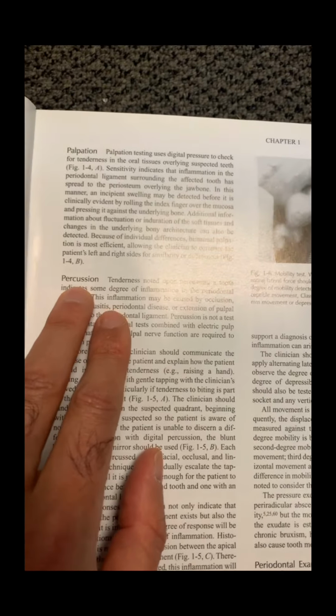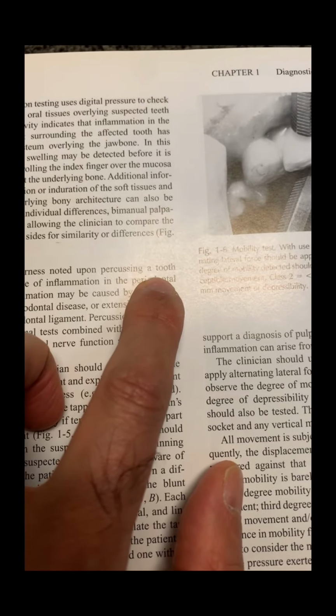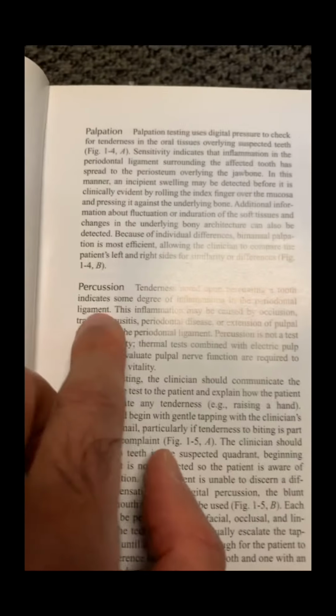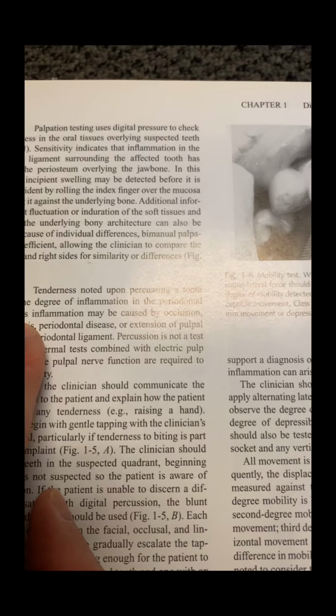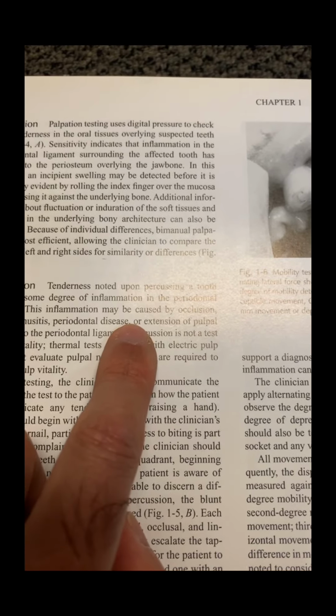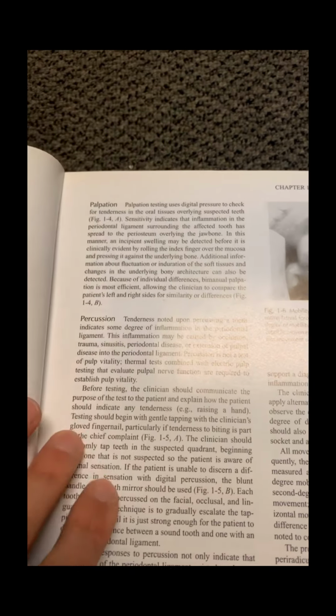Percussion test. Tenderness noted upon percussing a tooth indicates some degree of inflammation in the periodontal ligament. Percussion test by itself doesn't mean a tooth needs a root canal. It's just a test that you do.